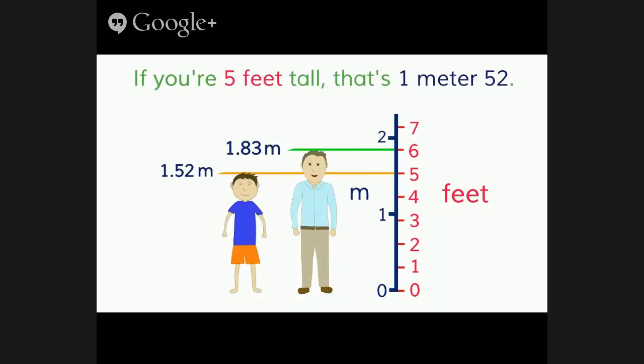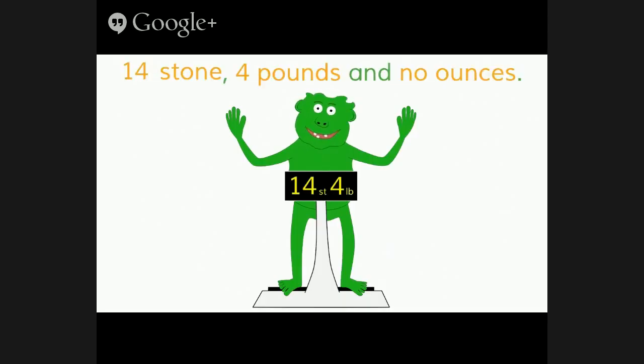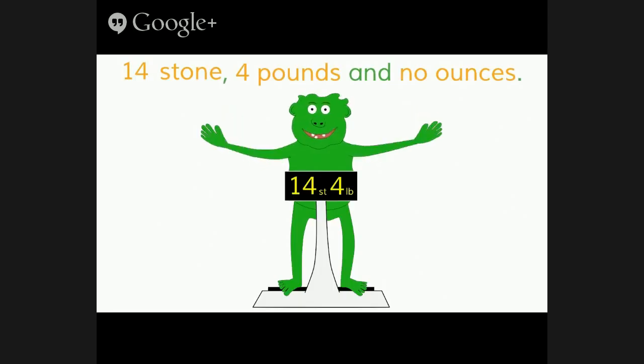If you're 5 feet tall, that's 1 meter 52. If you weigh 200 pounds, that's almost 91 kilos, 14 stone, 4 pounds, no ounces.